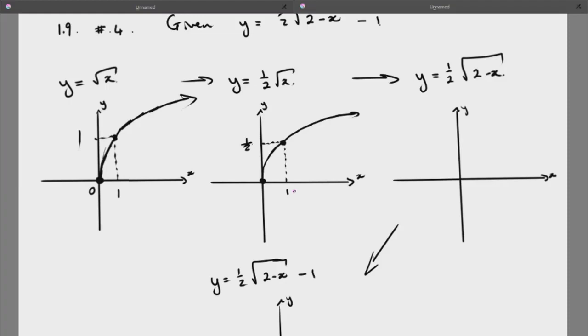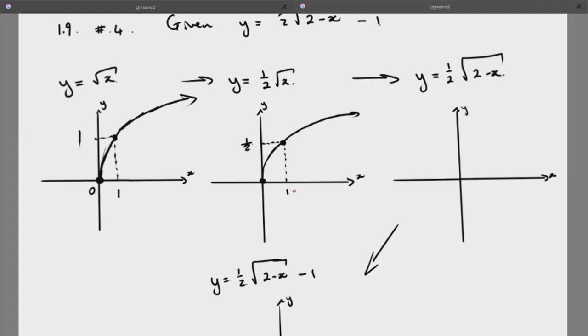What happens next? What happens to the graph next? This is very much a possible midterm question. What would you do? You've made your chain of transformations.